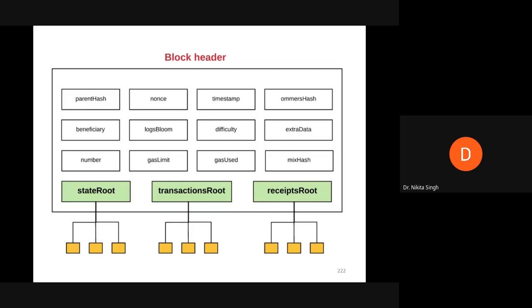In Ethereum, a block consists of the block header, the information about the set of transactions included in that block, and a set of other block headers for the current block's owners.